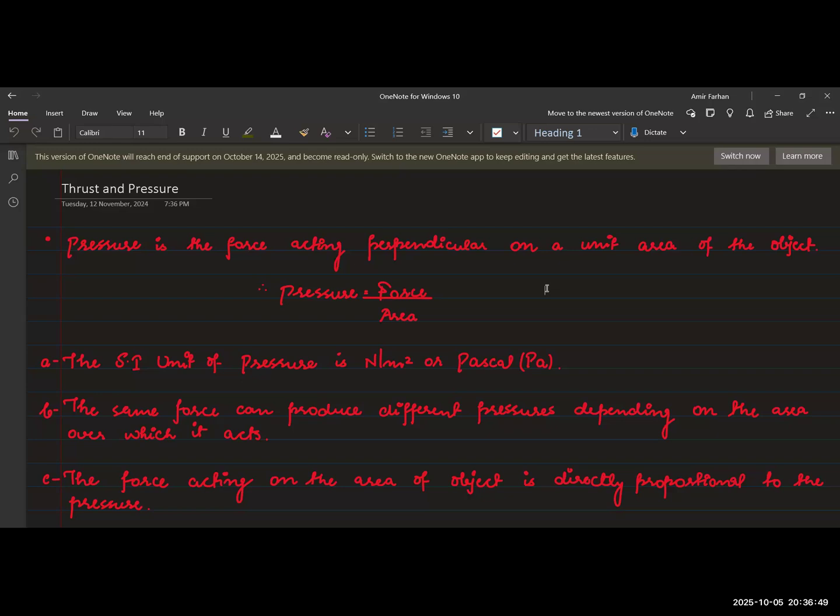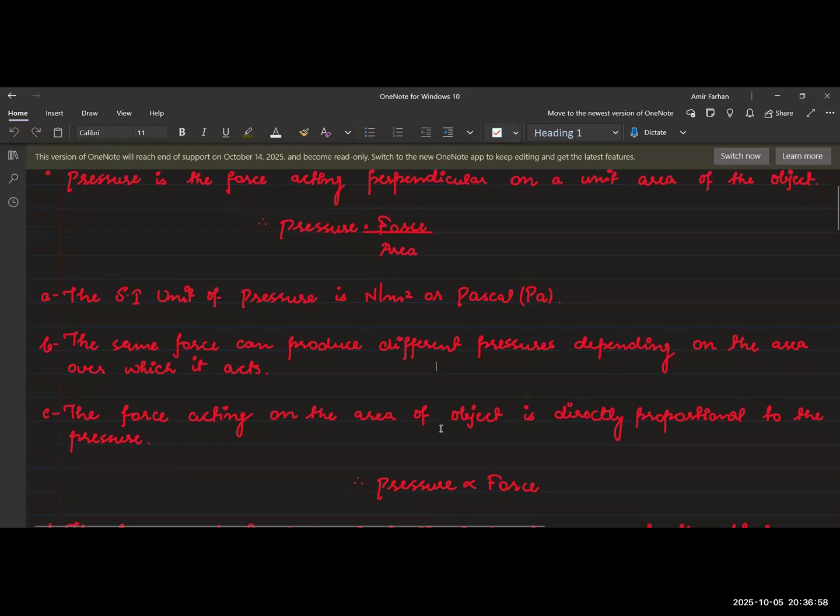All of you clear? Great. So as you can see, pressure is directly proportional to the force acting on the body. That means if you increase the force acting on the body, the pressure will increase in a directly proportional manner. And the next thing is pressure is inversely proportional to the area.